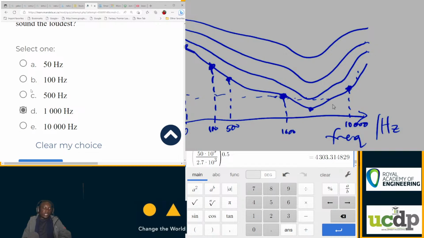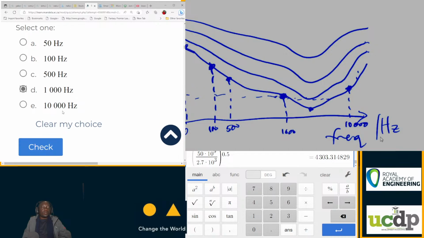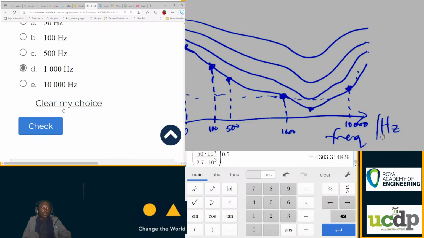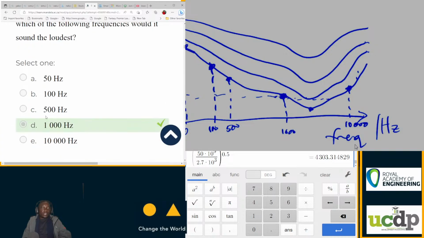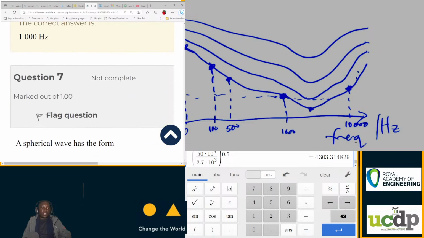That is based upon the understanding of sound level and how loudness is affected by frequency. So you can check that. I'm sure that gives us 1,000 hertz for this one.